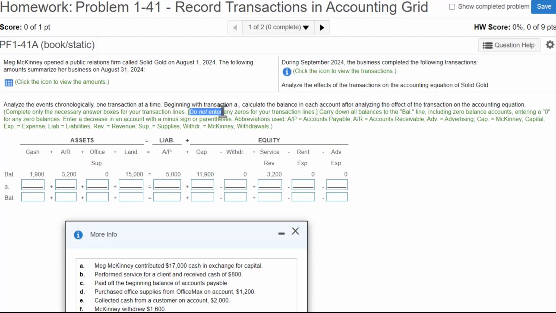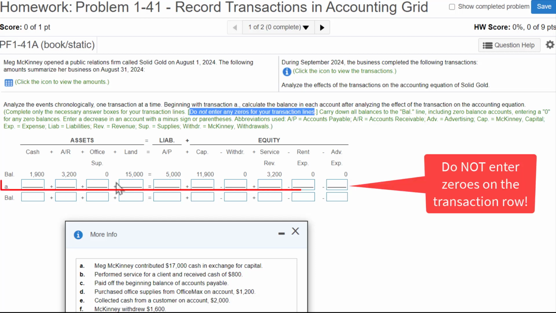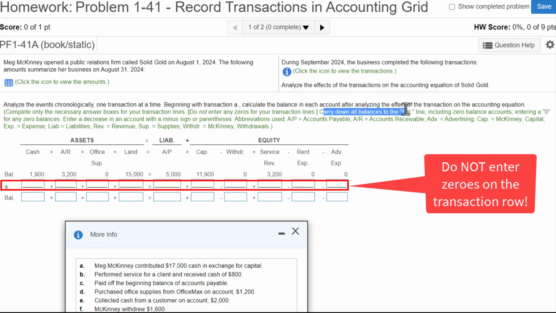It says do not enter any zeros for your transaction lines. So let's say on this first transaction, let's say rent expense is not affected. So don't put a 0 in rent expense. For some reason, they will deduct points from you, even though it doesn't really change anything. Then it says carry down all balances on the BAL line, including 0 balance accounts. So this is kind of weird.